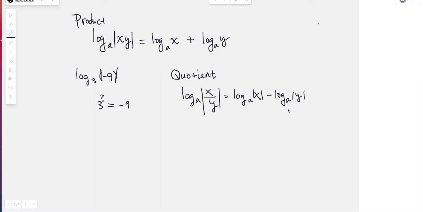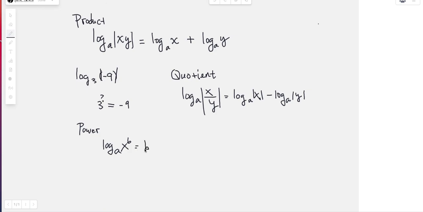And finally, the power property. That's log base a of x to the power b is equal to what? Exactly.